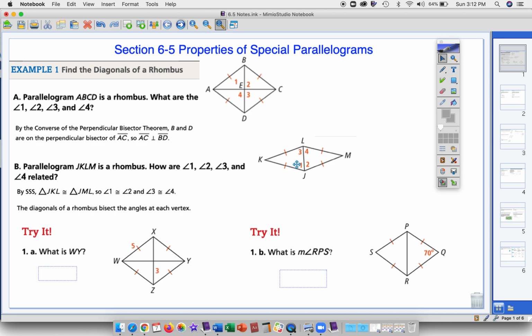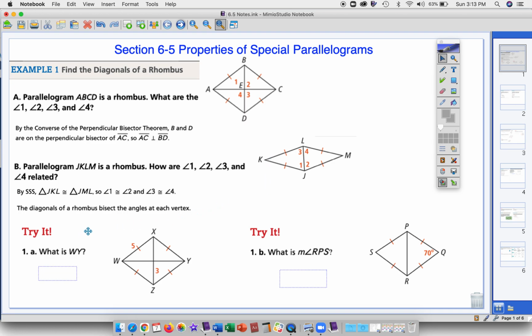So angle 1 is congruent to angle 2, and angle 3 is congruent to angle 4. So the diagonals of a rhombus bisect the angles at each vertex. We could draw in diagonal KM and show the same thing with the angles at M and the angles at K.